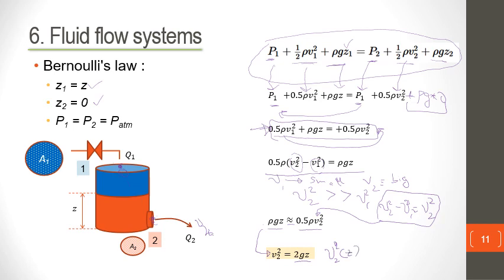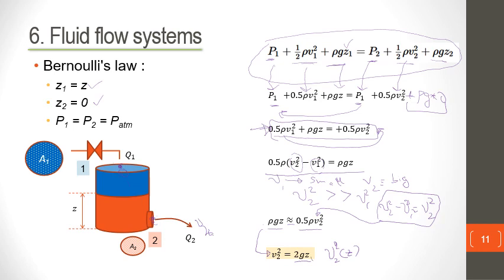Which means the height is proportional to the exit velocity. In fact, the higher the level, the more velocity output, the higher the speed of outflow, as intuitively as we had suspected.